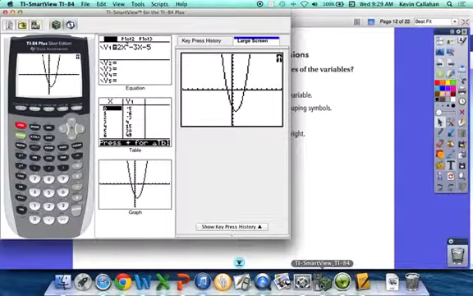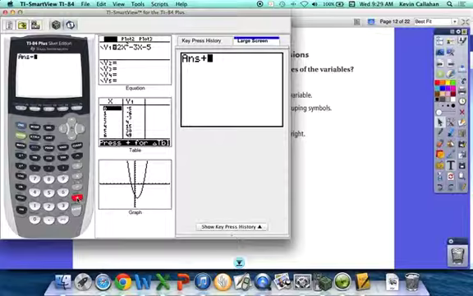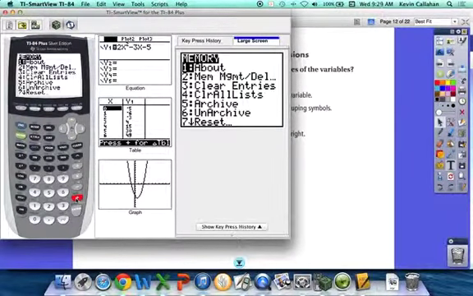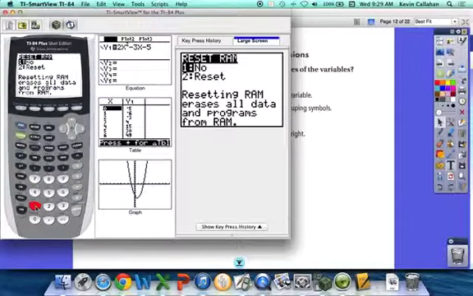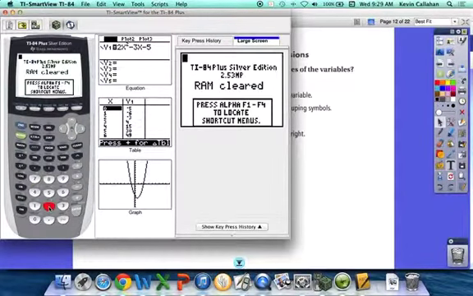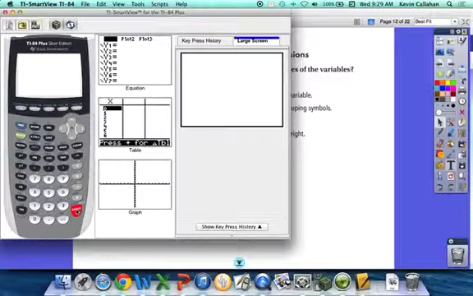Second, if you notice above the plus sign right there, it says mem. So if you do second plus, it brings up that menu, right? And the 7 is reset. And 1 is all RAM, which means memory. And 2 is reset. So that gets rid of everything. So everybody's starting at the same place.